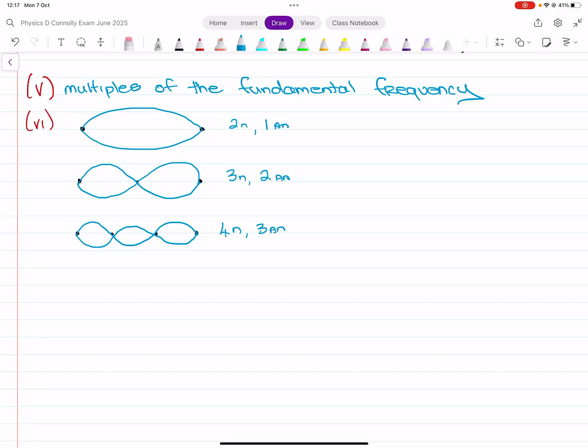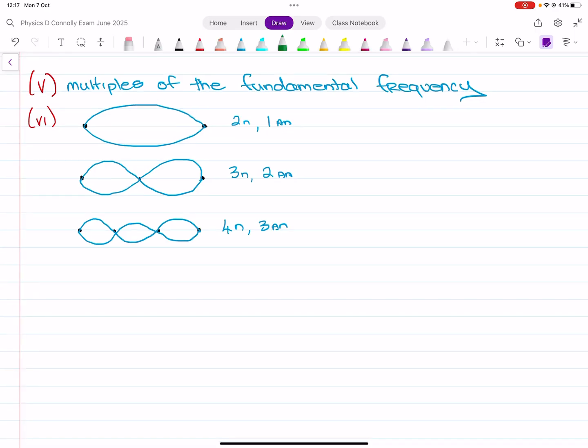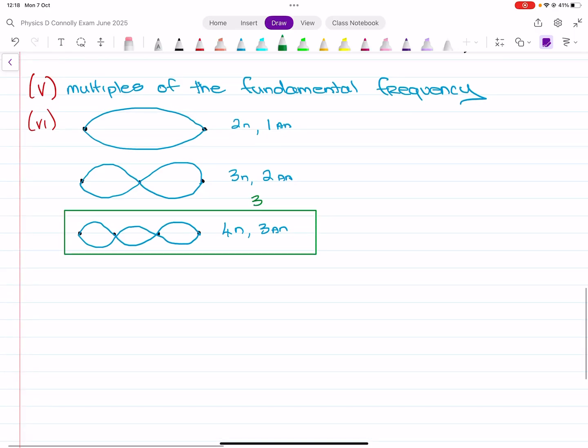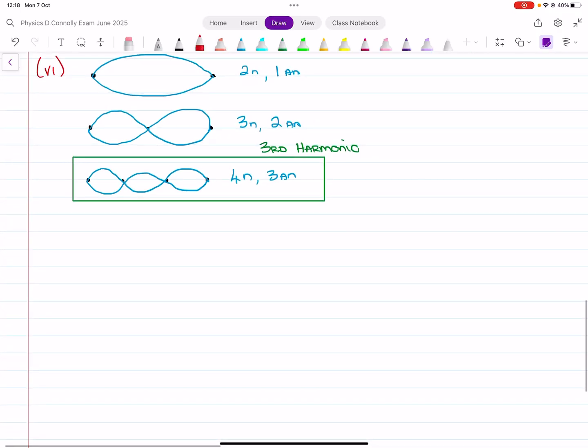And just because I've done them all, I don't want the examiner to be confused: this is the third harmonic. Looking at it now, obviously the third harmonic has 3 hoops in it, but I wouldn't remember that, so I would just go from the start. Right, cool.